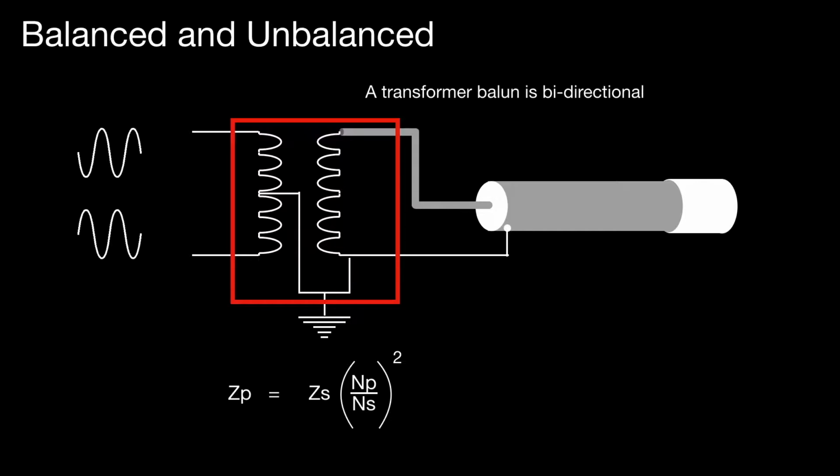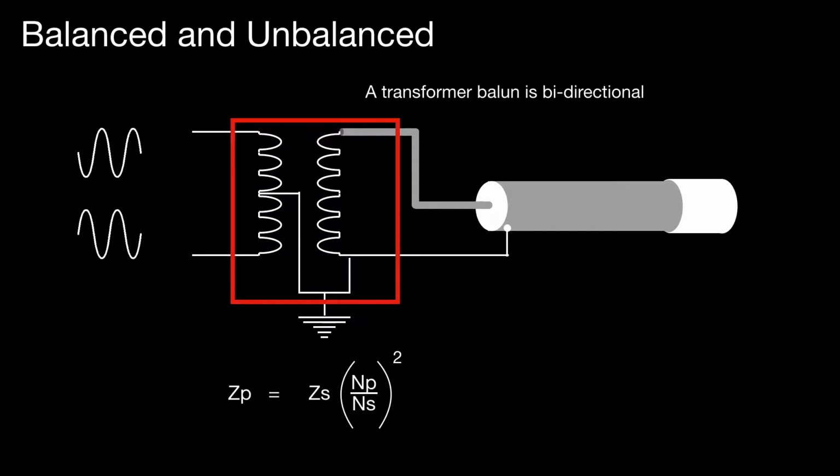And the formula you see there says that the impedance of the primary is equal to the impedance of the secondary times the primary turns divided by the secondary turns squared. So this allows us then to make an impedance transformer.